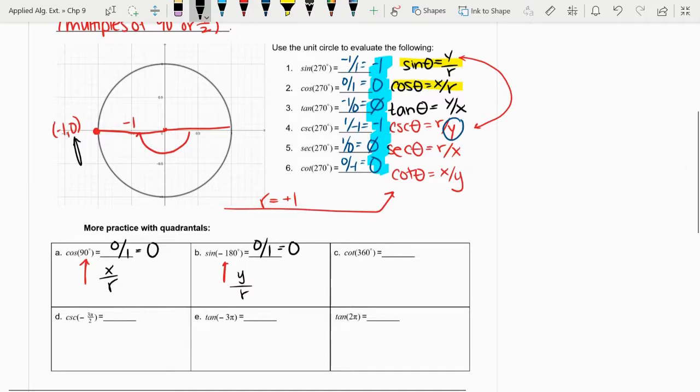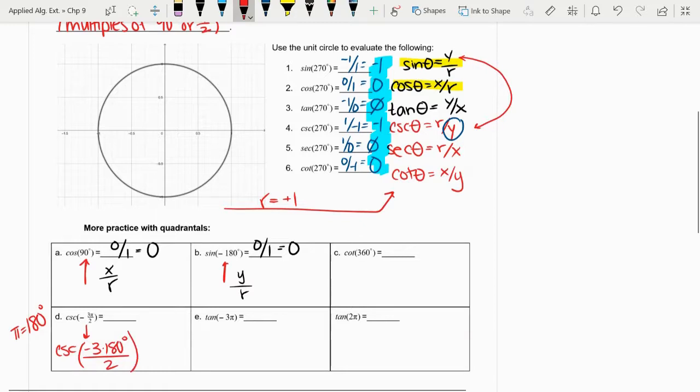All right, let's try out one of these radians at least down here. So negative 3 pi over 2. A quick way to change the radians, if you don't like them, is to remember that pi is equal to 180 degrees. So we can just substitute 180 in and simplify. So 180 divided by 2 is 90. So this guy would actually be cosecant of negative 270. So I'm going to graph that.